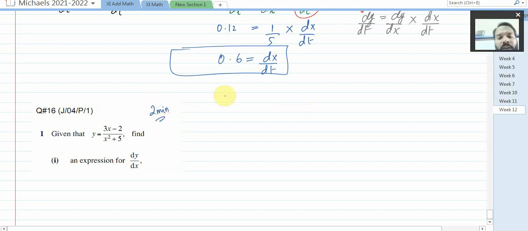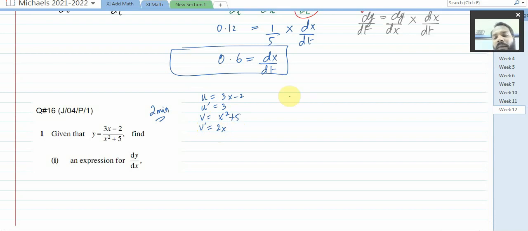Alright, so before applying u upon v, we need to assign u and v. So u is 3x minus 2, u dash will be 3. Similarly, v is x squared plus 5, and v dash is 2x, right? I hope that all of you remember the working formula.